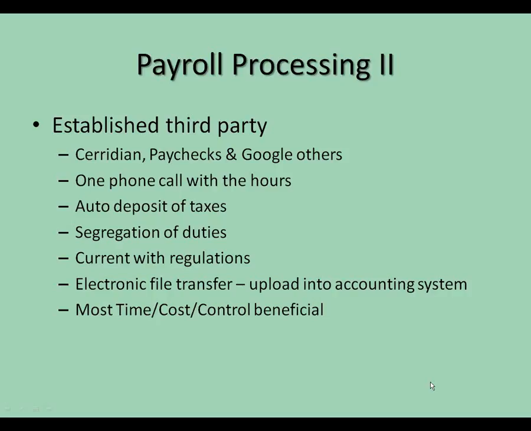So once you're set up, and a phone call every 2 weeks, you're done with having to work through the payroll system. This is very secure, minimizes disruption, and I would recommend you take a look at this, as it can be the most effective use of time and the highest controls.